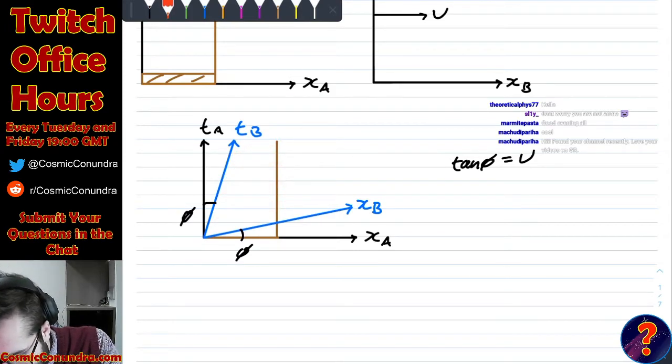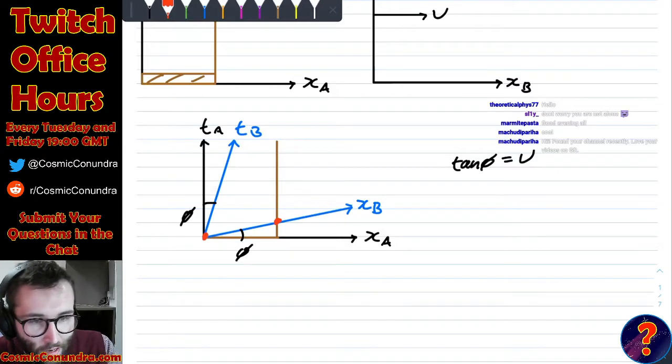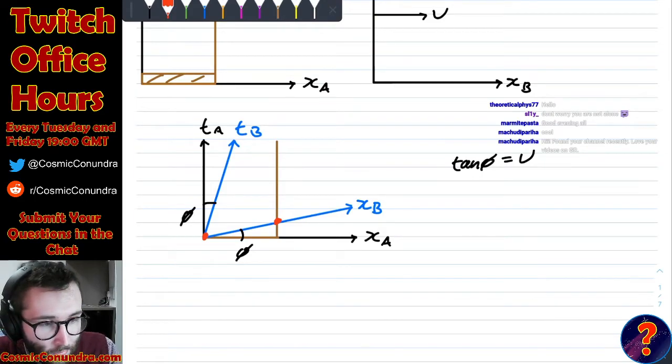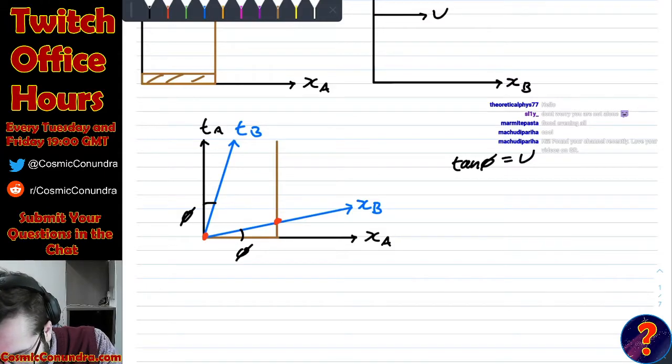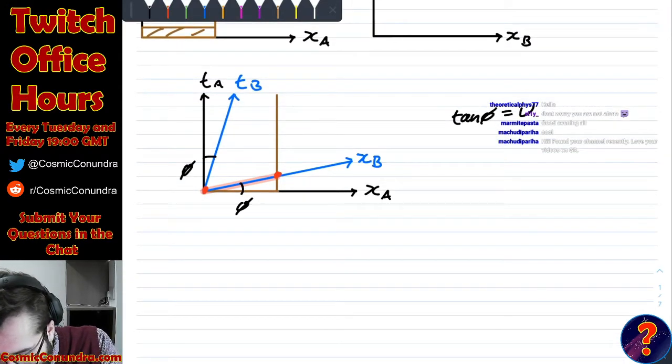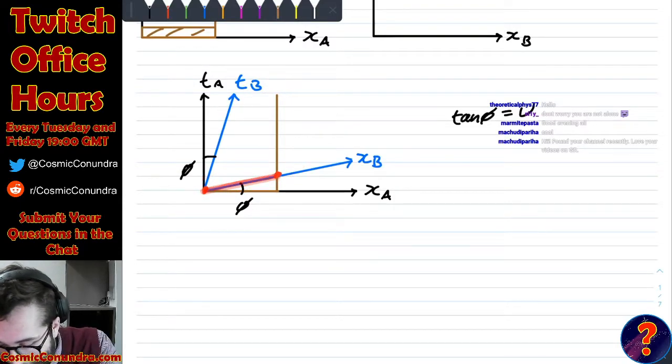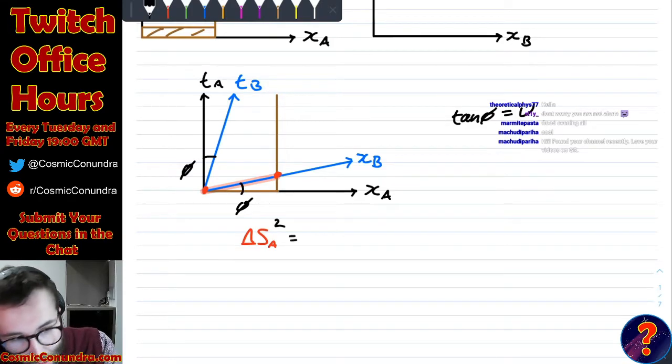So the interval that person B has to measure is actually this length here. This is the interval over which they will measure the ends of the rod simultaneously. So they have to figure out this length here. If we compute the space-time interval of this highlighted length in person A's frame, I'm going to call this delta S_A squared, that is equal to the spatial part of this interval.